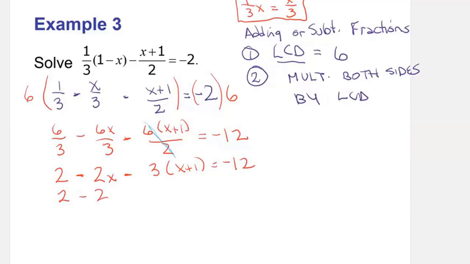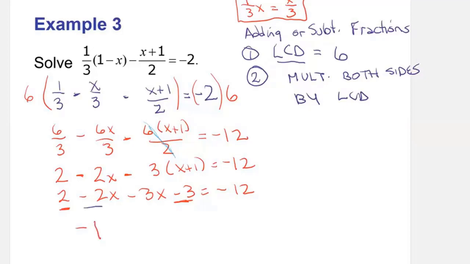I have 2 minus 2x, and now I'm distributing that -3 into the terms in the parentheses. So I get -3x minus 3 equals -12. And now I'm going to combine like terms. I have 2 minus 3, which is -1.